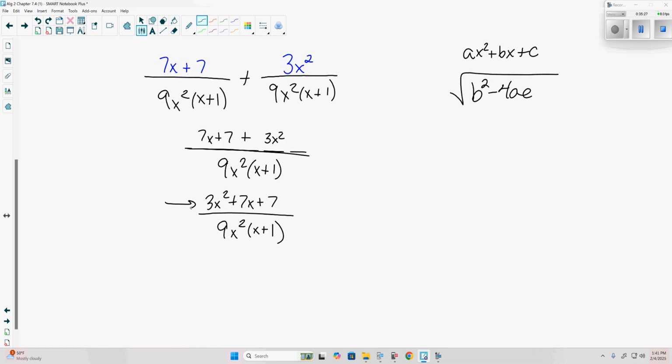So really, for this here, if the square root of 7 squared minus 4 times 3 times 7 gives me a nice number, a non-decimal number that doesn't have i, that factors. If it doesn't, that thing doesn't factor. So it's a nice way to check and see, does this factor or doesn't it?